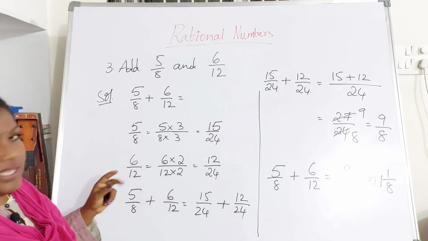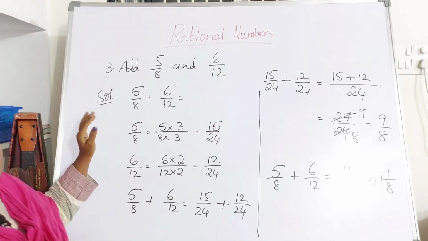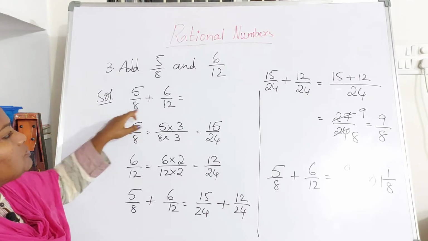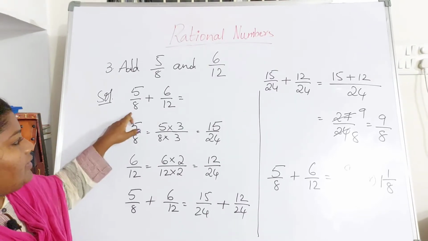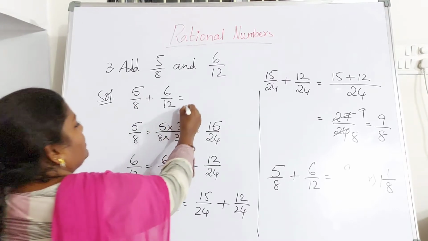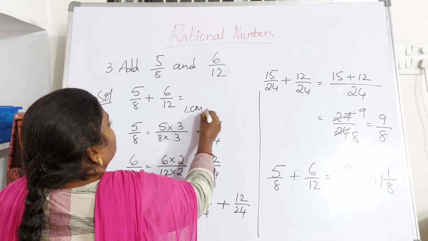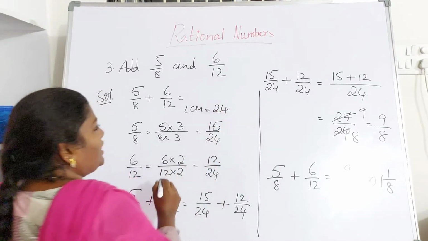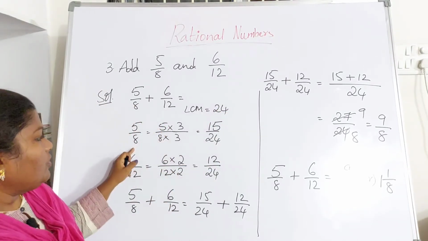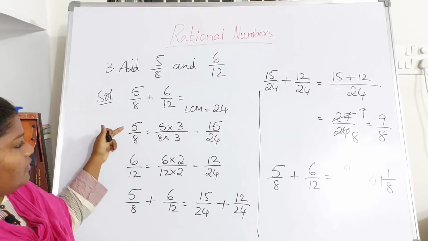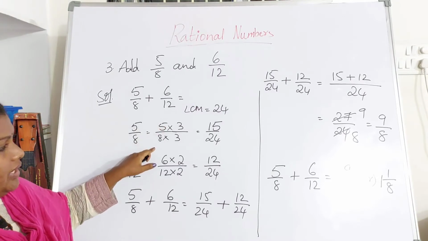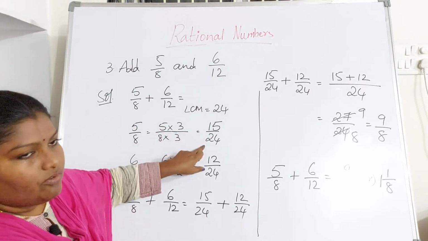So let me once again explain. Here both are unlike fractions. Because both are unlike fractions, I have taken the denominators and taken the LCM, and I got the LCM as 24. So I should make both the fractions' denominator 24. I have multiplied 5 by 8 by 3 in the numerator and denominator, and I got 15 by 24.